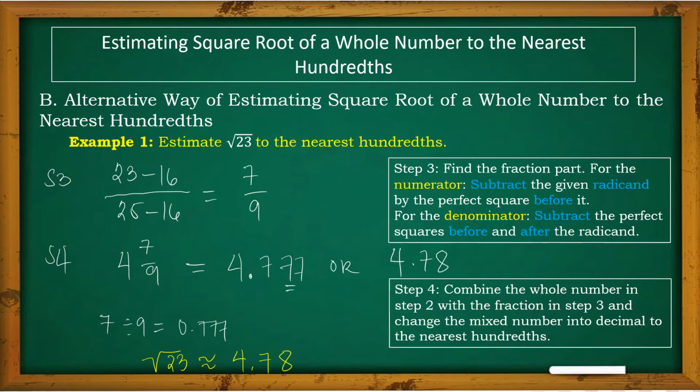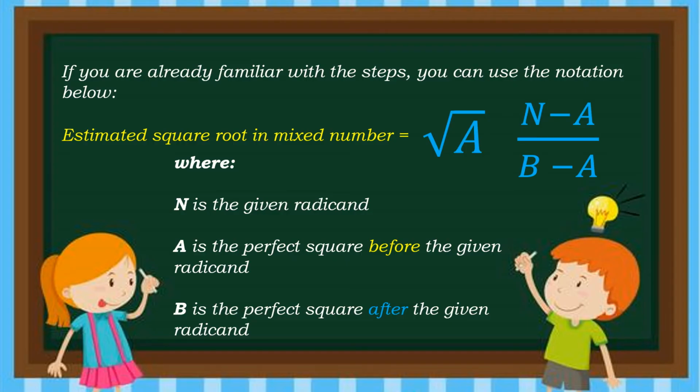So, ganyan lang kadali yung alternative way of estimating square root of a whole number to the nearest hundredths. Kung familiar na tayo sa mga steps na ginawa natin kanina, pwede natin gamitan yan ng notation at gumamit na tayo ng formula. Sabi dito, the estimated square root in mixed number is equal to the square root of A plus may fraction part siya na N minus A all over B minus A. So, ngayon, himay-himayin natin.